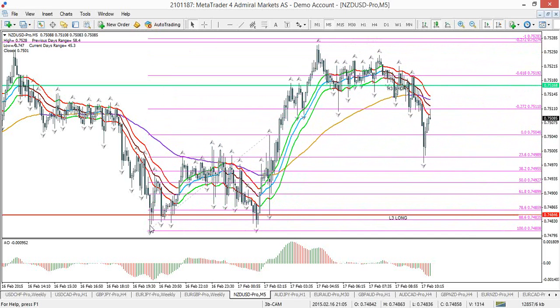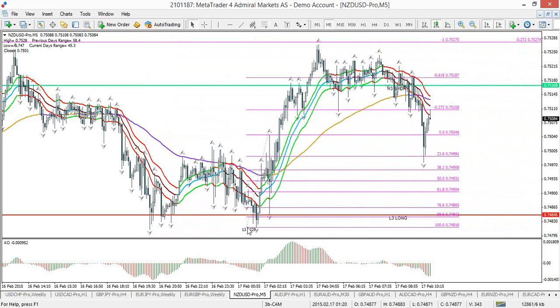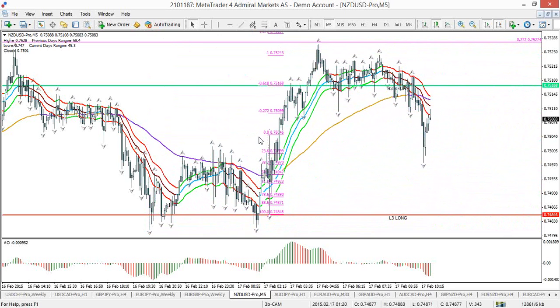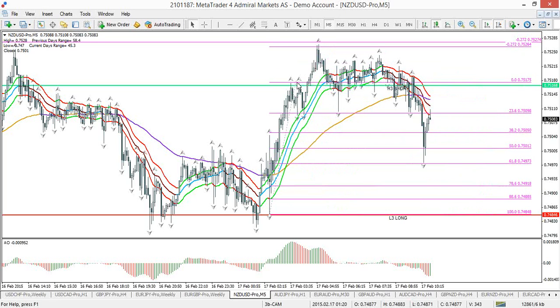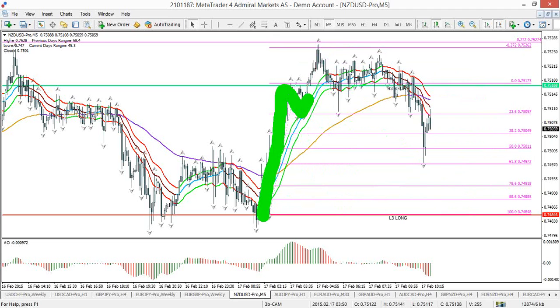We see a target being hit here. And we see the price bounce off the 61.8 fib right here. First move up, retrace to 23.6, hit the -272 target, and then retrace to the 61.8.